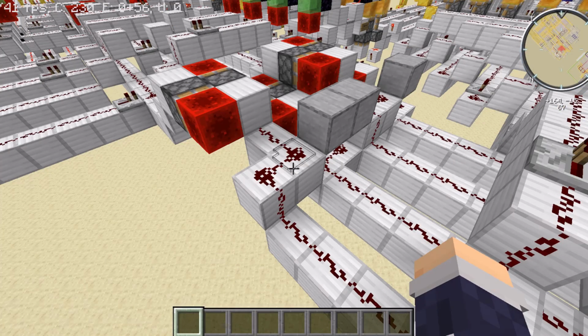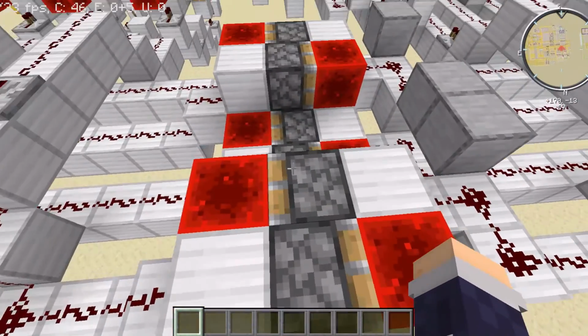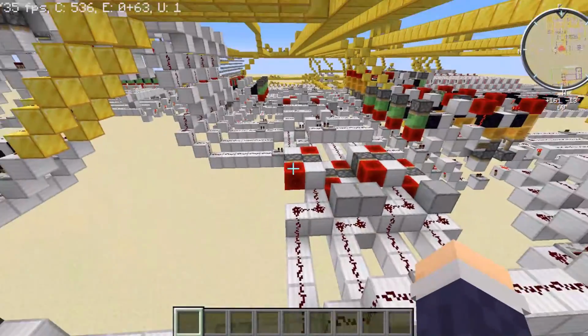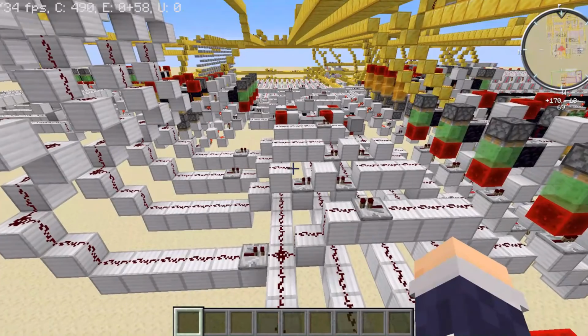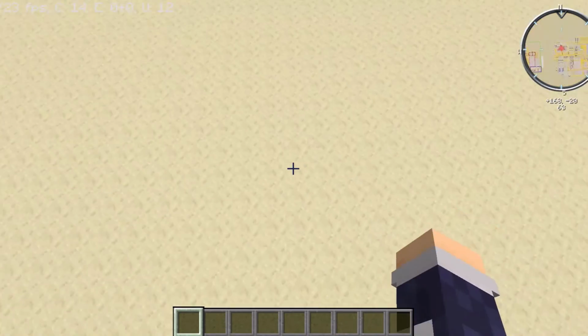There might be still a thing you'll be wondering, and that's, what are these things for? Well, there is still a problem. As you see, this line is longer than 15 redstone dust. And if you know a thing or two about redstone, you know that the limit of power is 15 redstone dust.